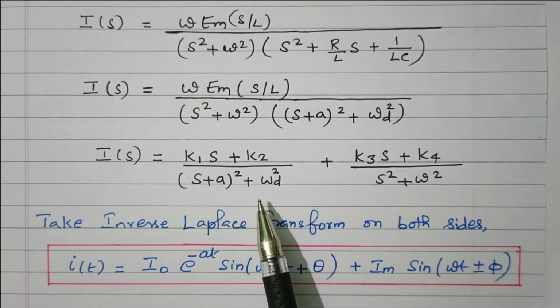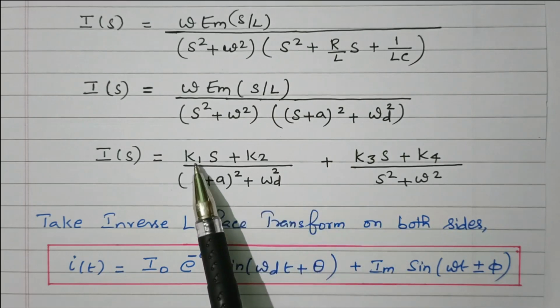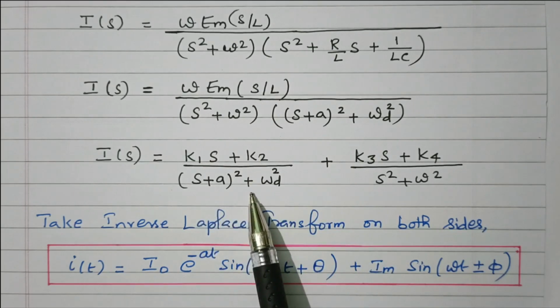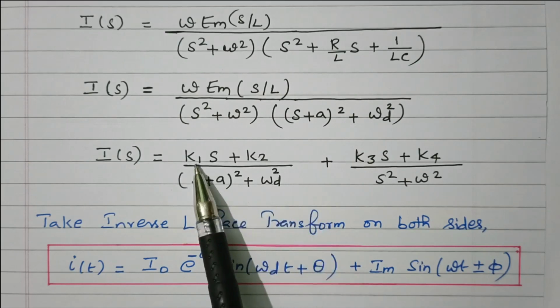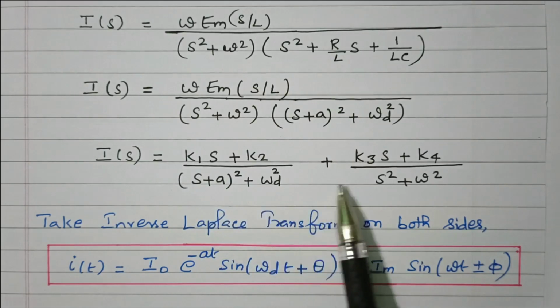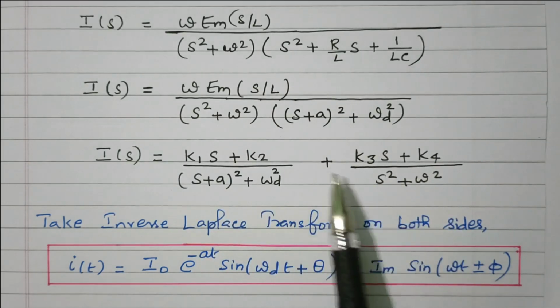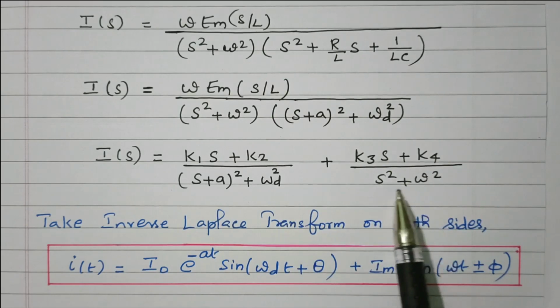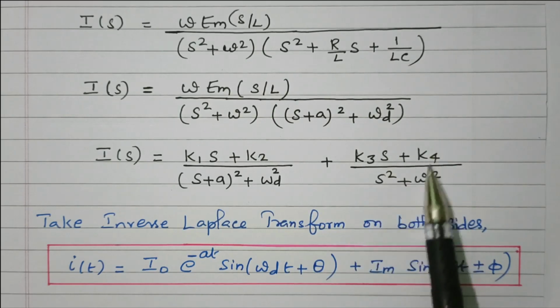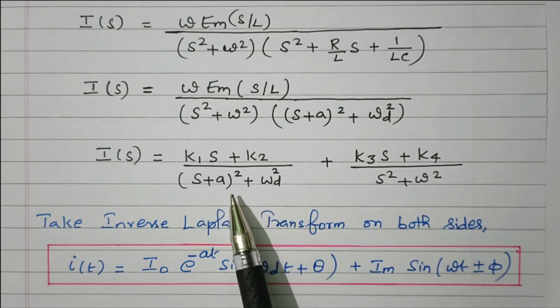So by partial fractions we can split as k1 s plus k2 divided by s plus a the whole square plus omega d square. I already told you the square is there, right? So we have k1 s plus k2. This term is very similar to the previous, k3 s plus k4 divided by s square plus omega square. So this term is available in all three cases. This is the term based on the complex conjugate.